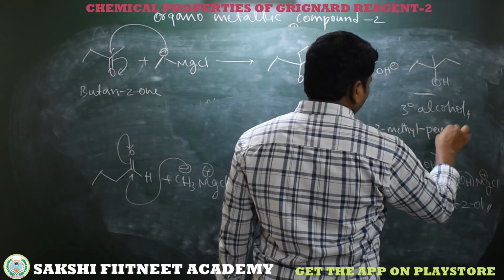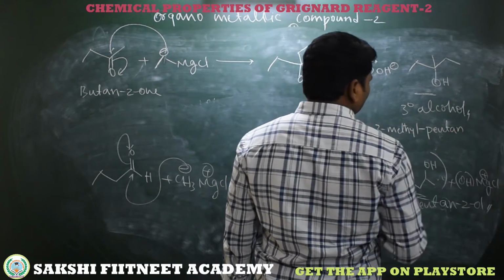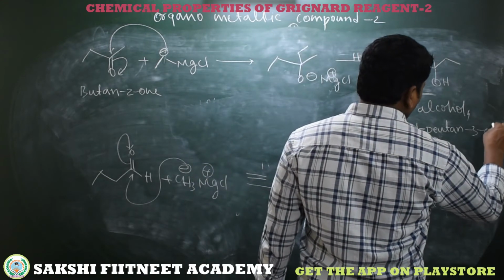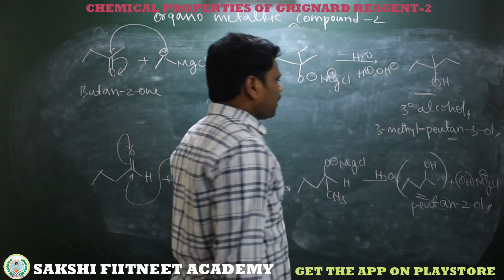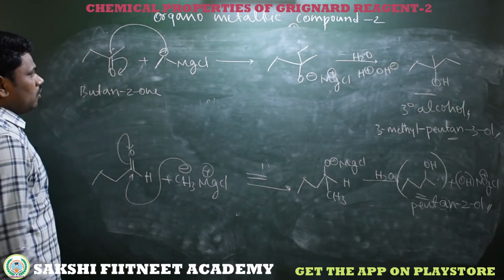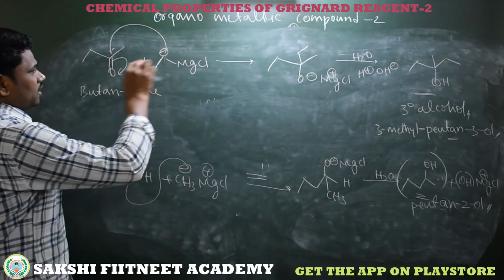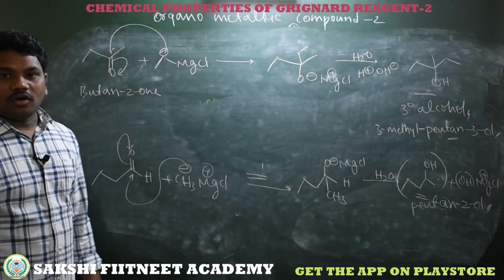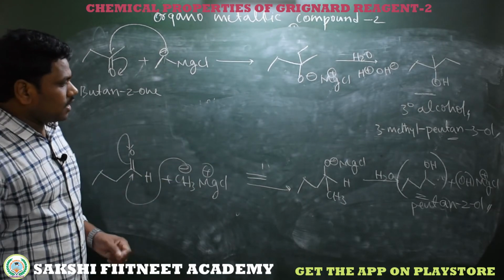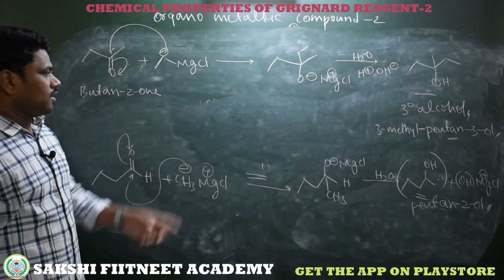It's pent, so no double bonds, it's saturated, pentan-3-ol. So we prepared 3-methylpentan-3-ol from butan-2-one, treating with this ethyl Grignard reagent. So here with the aldehyde we prepared a secondary alcohol, with the ketone we prepared a tertiary alcohol.